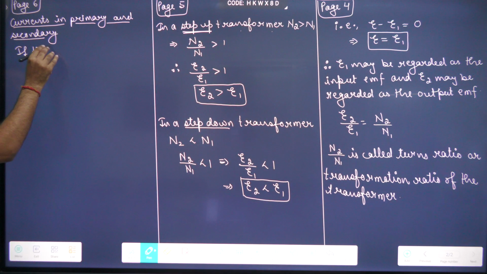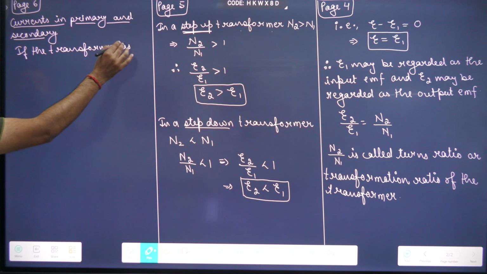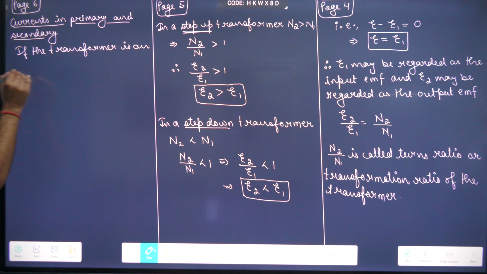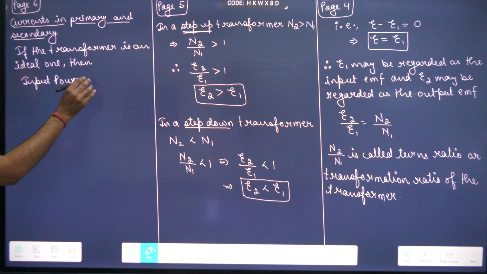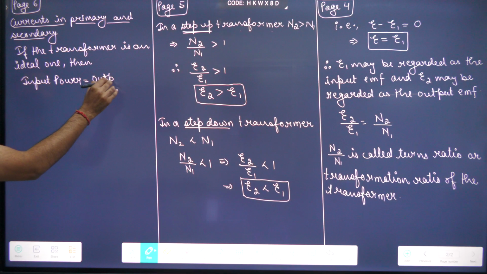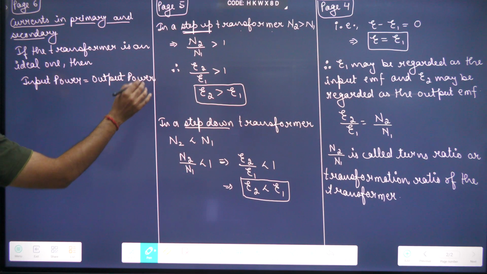If the transformer is an ideal one, then input power is equal to output power.